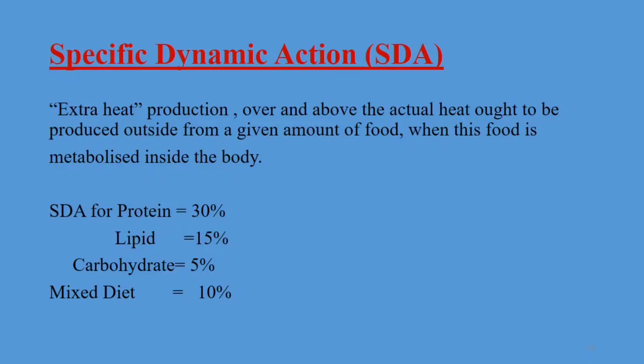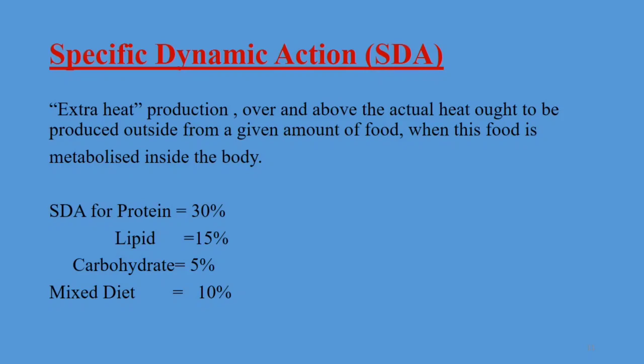Whenever you take any food, it may be protein, lipid, or carbohydrate, each one has a particular SDA value. That means our body uses some energy for digestion, absorption, and transport. So, SDA for protein is 30%, for lipid is 15%, for carbohydrate is 5%, and for mixed diet it is 10%.